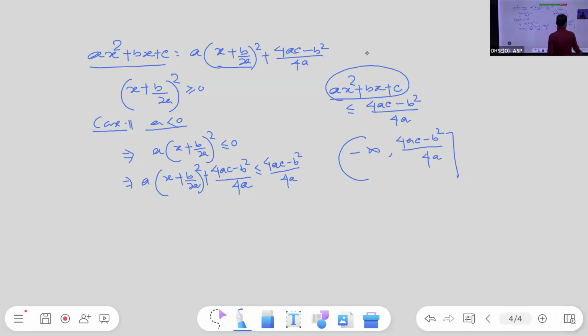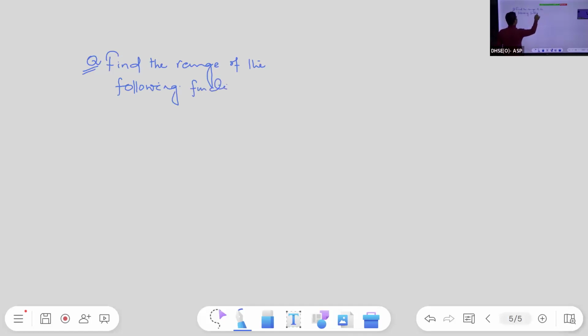So write down a question. Find the range of the following functions.